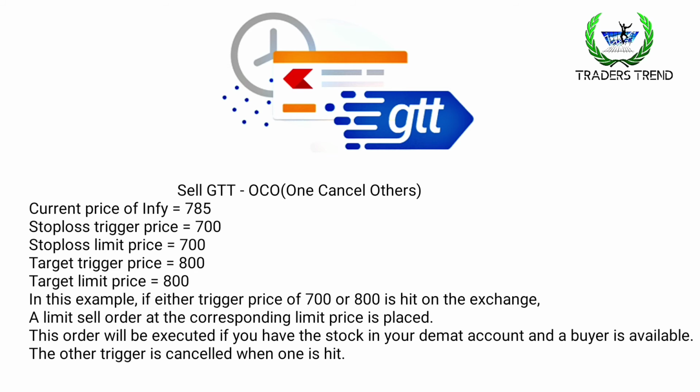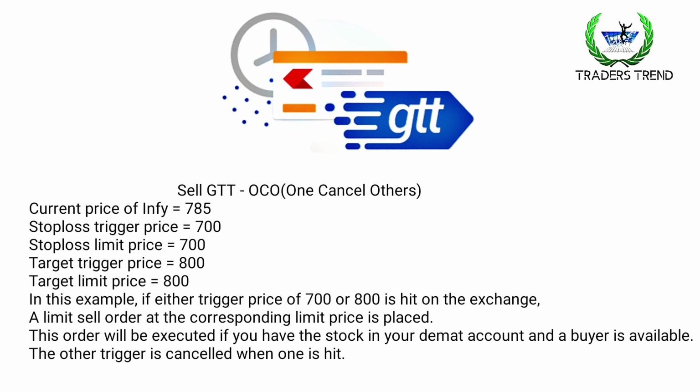In this example, if either the stop loss trigger or the target trigger, any one price is triggered, then the other will be cancelled. So the OCO, the one cancels other, is the meaning of it. It is used in sell GTT.